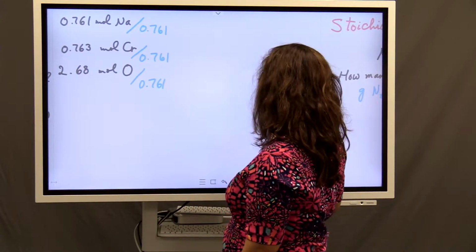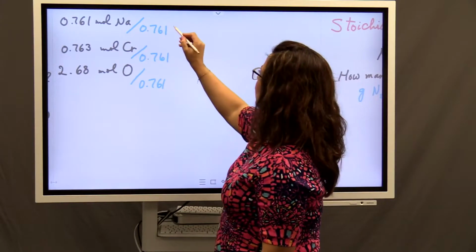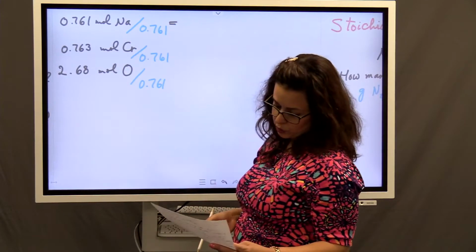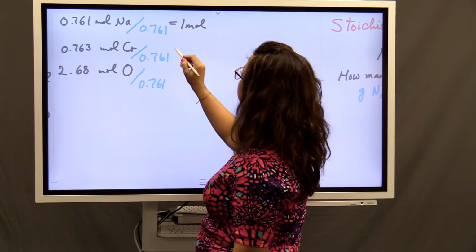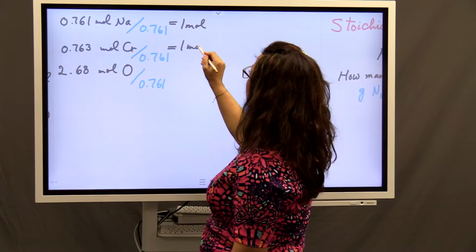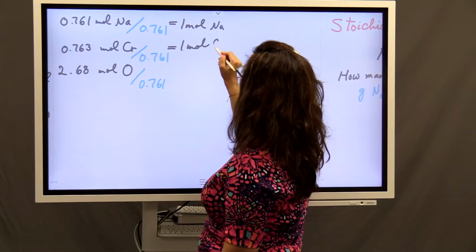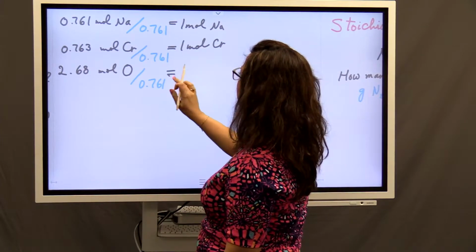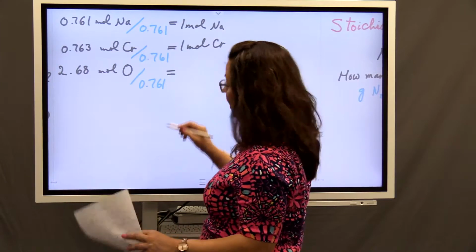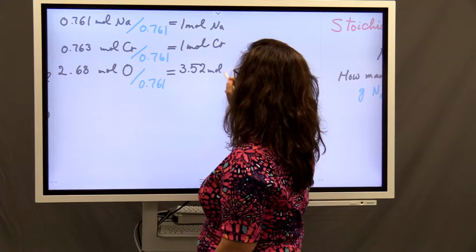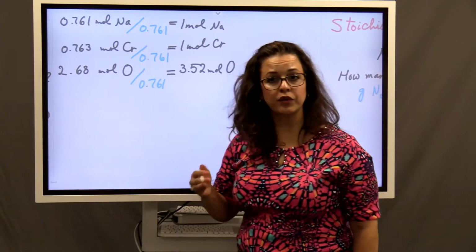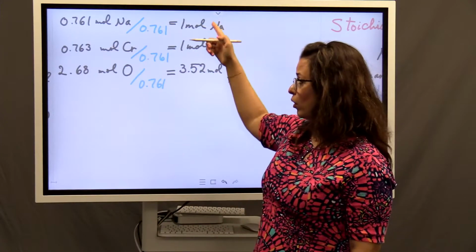So, how many moles of sodium you will have? 1 mole, right? Almost 1 mole for chromium. But you will have 3.52 moles for oxygen. We are doing good. We're really doing good. 1 mole, 1 mole.